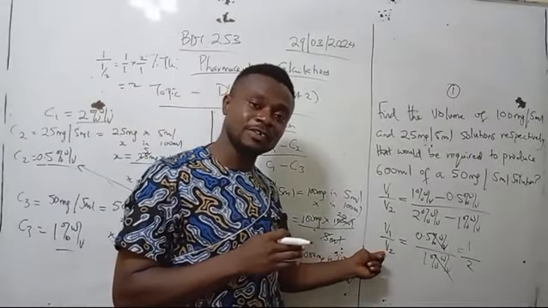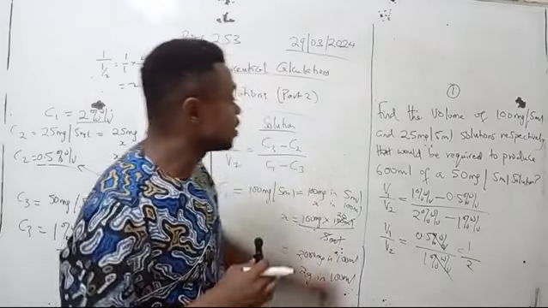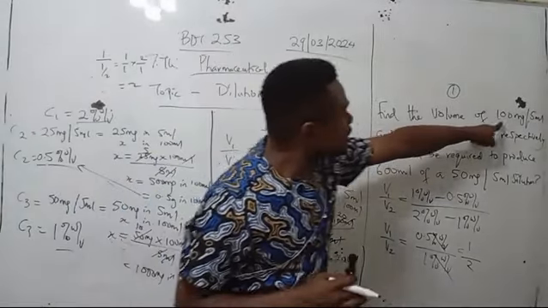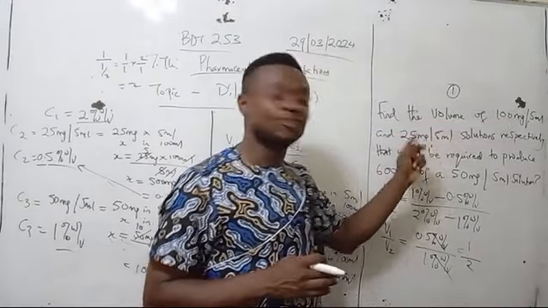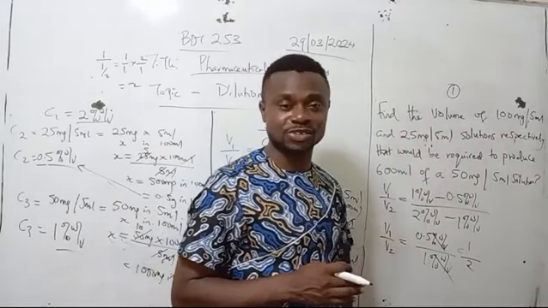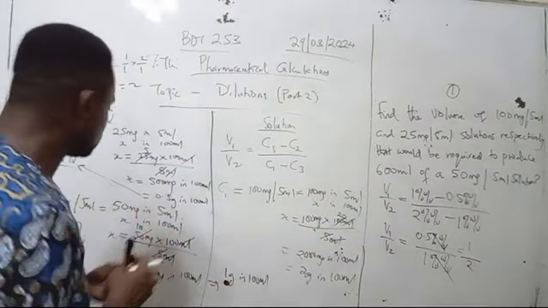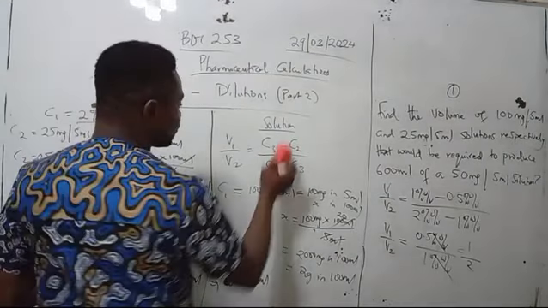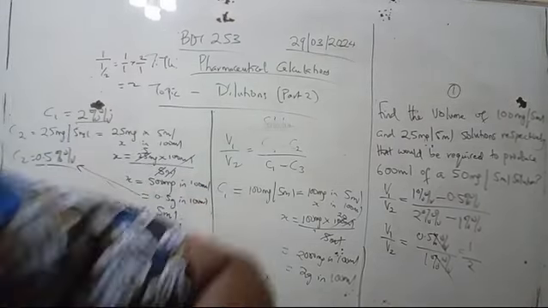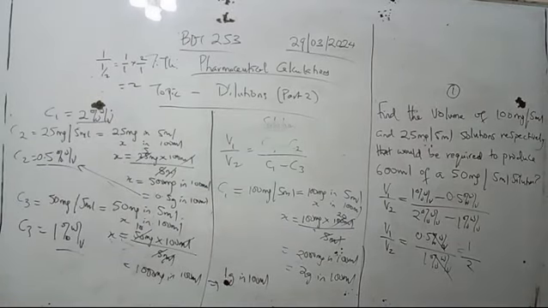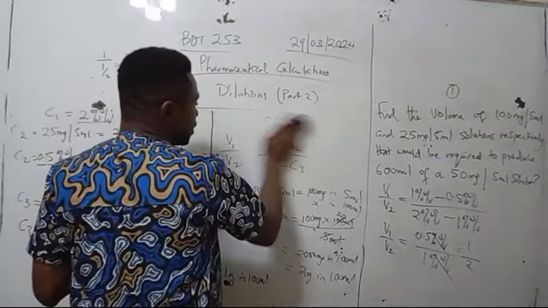So the ratio of V1 to V2 is 1 is to 2. That's the meaning.